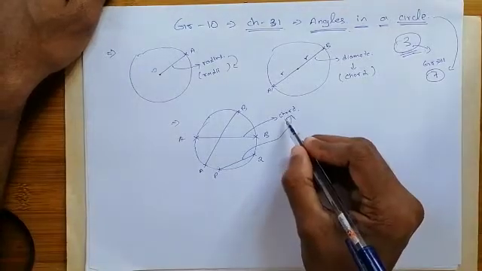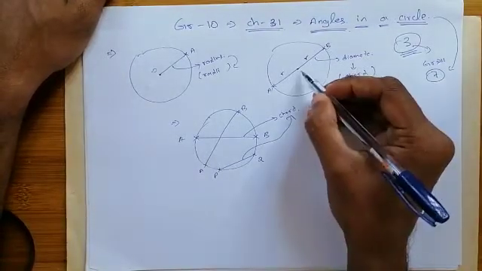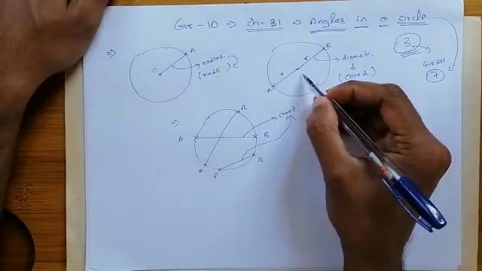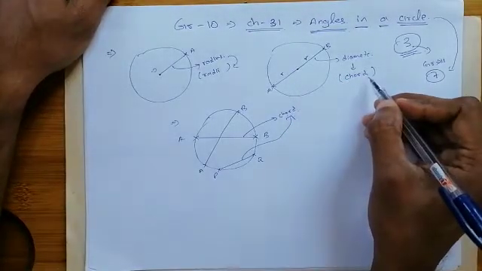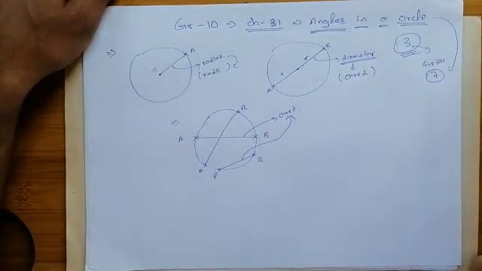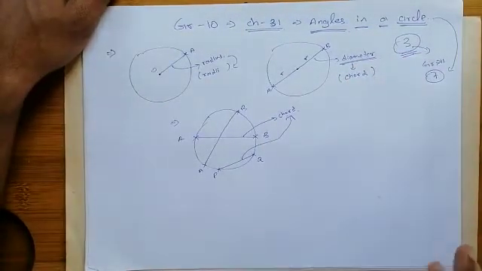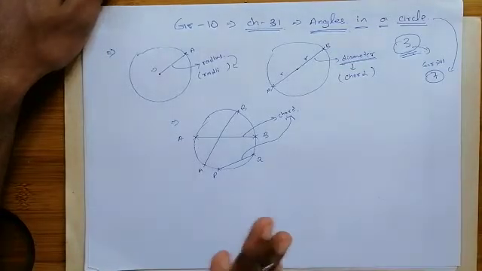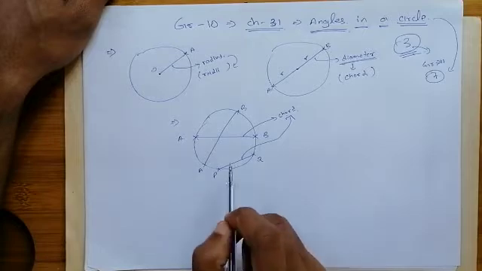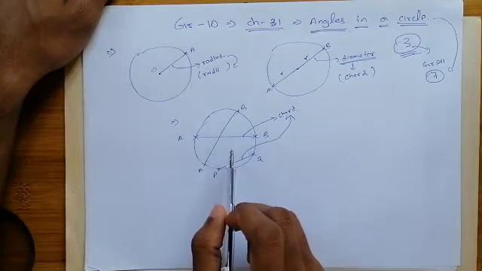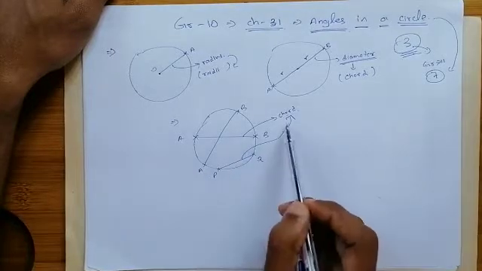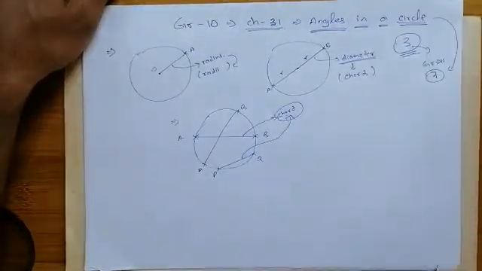But a chord which passes through the center we call with a special name, diameter. Diameter is also a chord, but it passes through the center. The speciality is that it passes through the center of the circle. Without passing through the center, a line connecting 2 points on the circumference is called a chord.